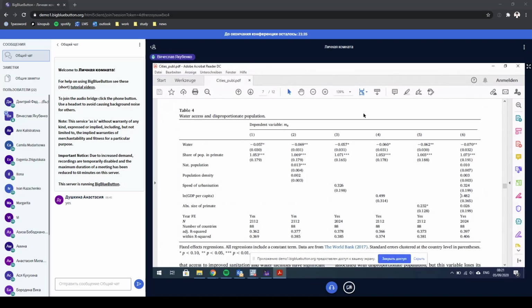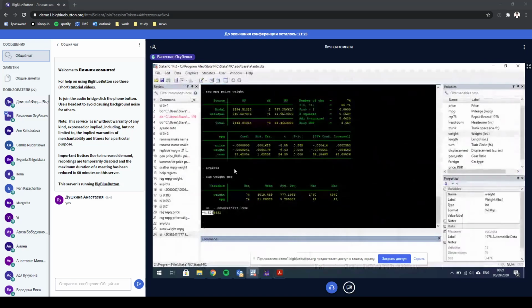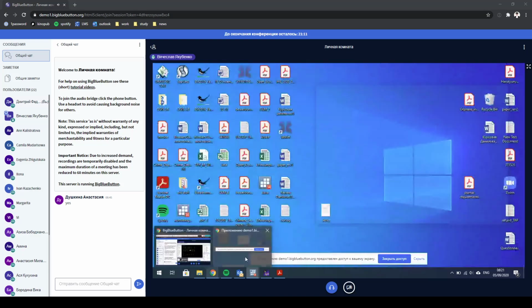Here we can read the table, because not everything should be included in the table. For example, if we know the coefficient and the standard error, we can estimate t-statistics, confidence intervals, and even p-values, even though for p-values we need a special table.